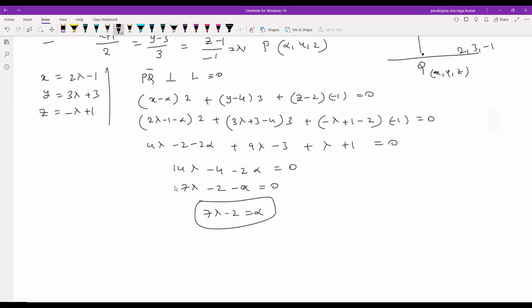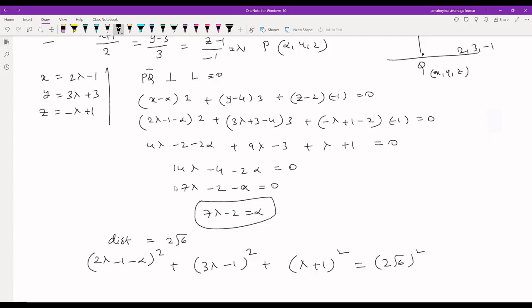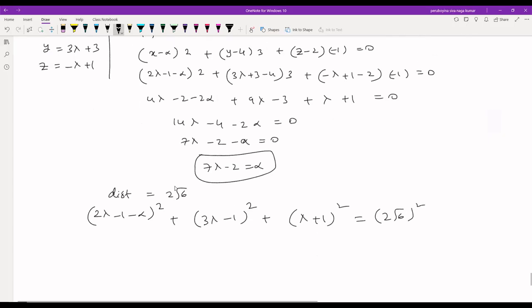And make it a whole square. The distance is how much? 2 root 6. Distance means (2 lambda minus 1 minus alpha) whole square plus (3 lambda minus 1) whole square plus (lambda plus 1) whole square, equal to (2 root 6) whole square, because I didn't write the square root.